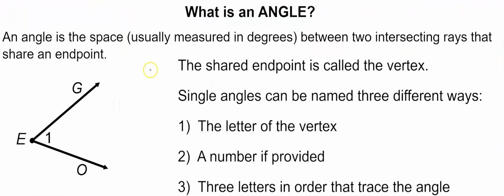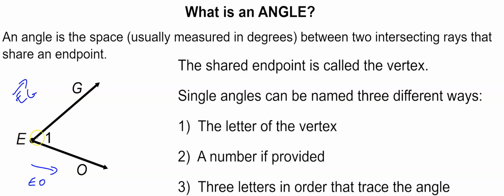Well, an angle is the space, usually measured in degrees. There's other ways to measure an angle, but we're going to use degrees, between two intersecting rays that share an endpoint. So notice right here, we have ray EG, and down here we have ray EO.